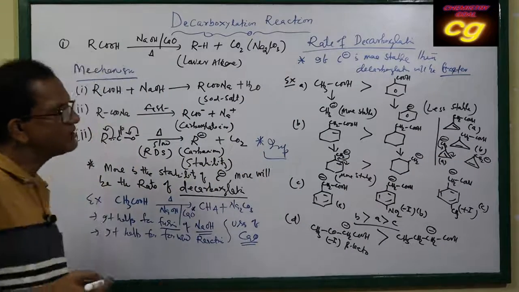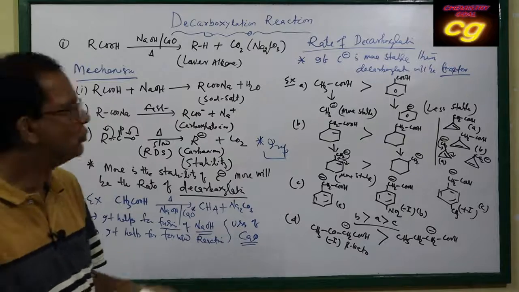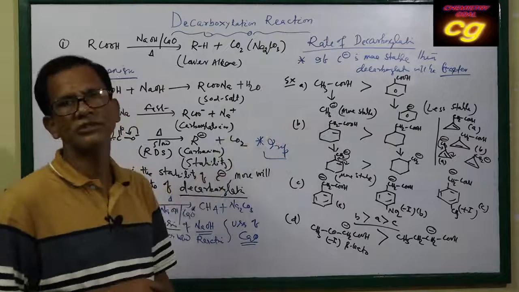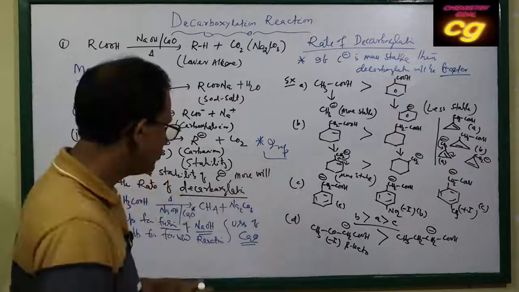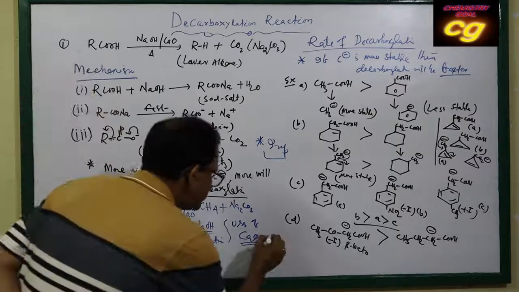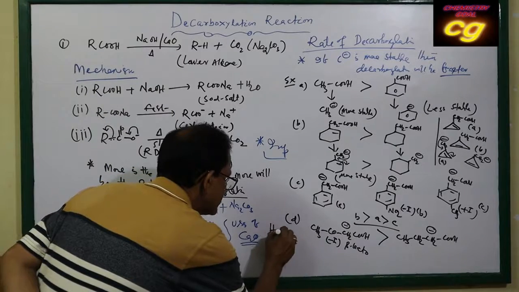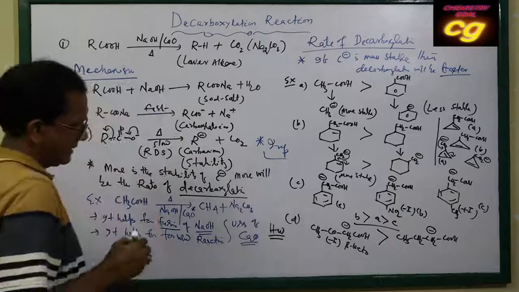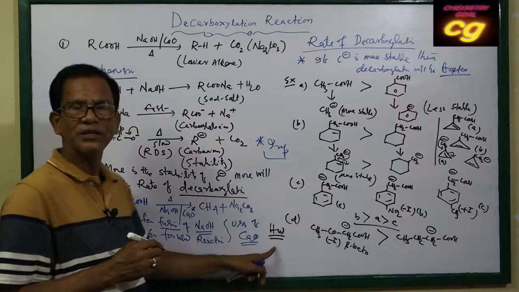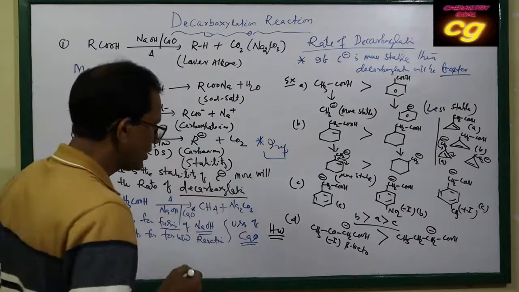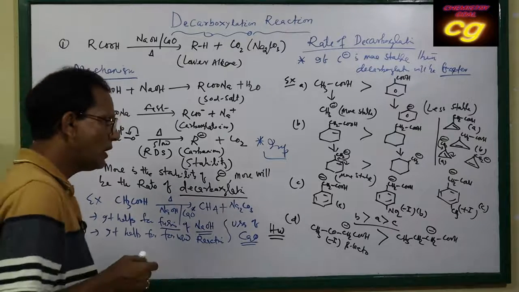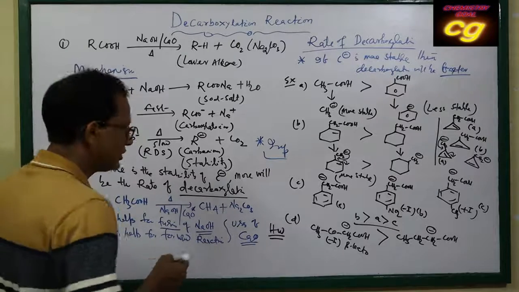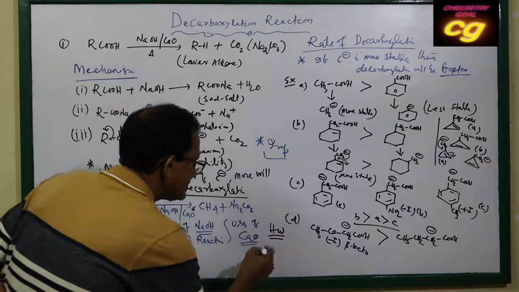So like this you have to think in which case the decarboxylation is faster. Then I will give one homework question for you. You will write the answer in the comment box. If you have any doubt, you can also send the question in the comment box. The question is like this.